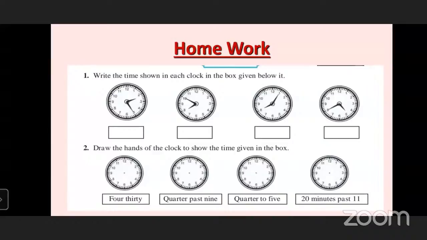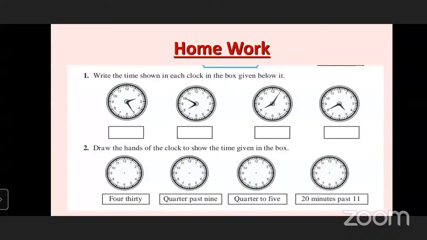Here also the minute hand is on 8 and the hour hand is on 5. So what's the time? 20 minutes to 5.